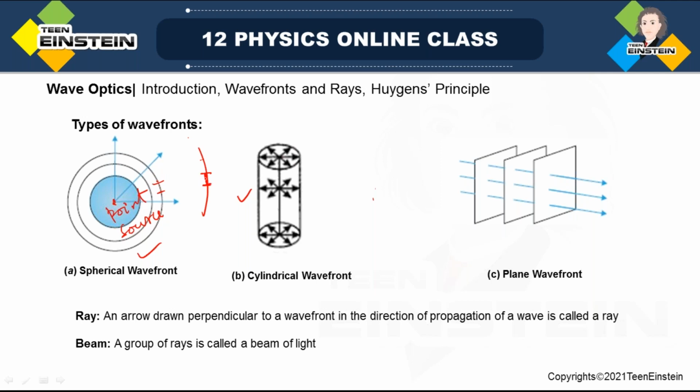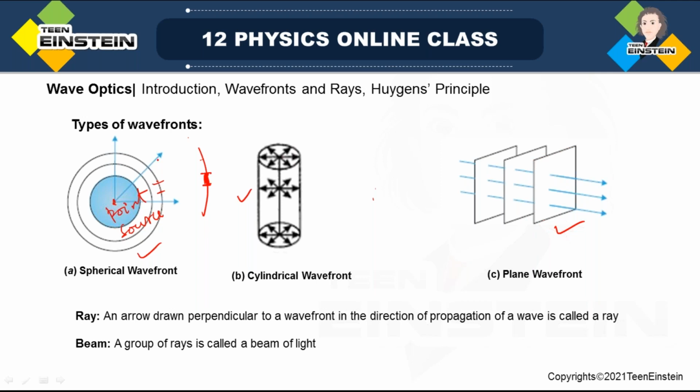So when we see a point source from very far, we see plane wavefronts. Even for a line source like our tube lights, if we are nearby, the wavefronts will be cylindrical. But if we see from very far, they will be plane wavefronts.